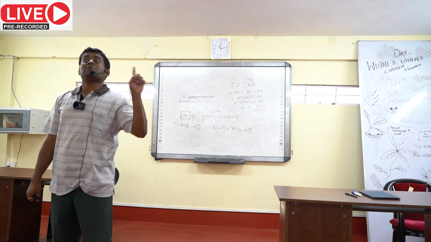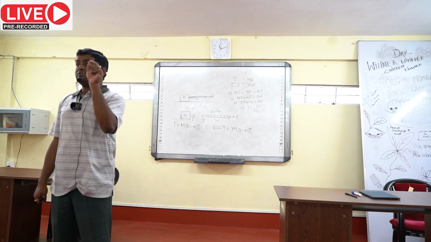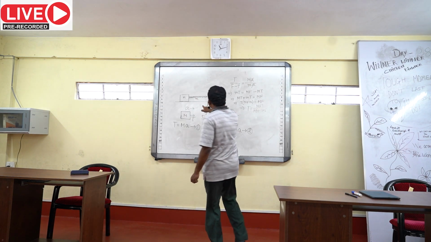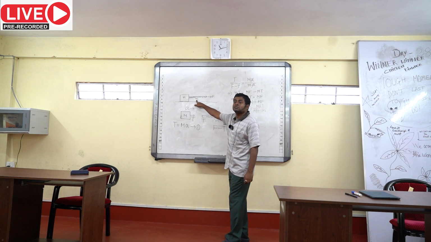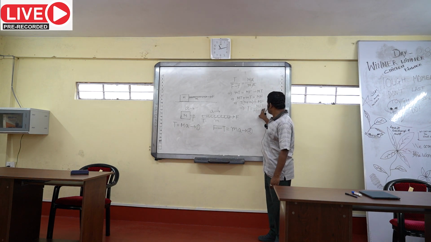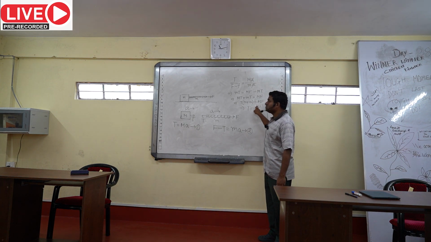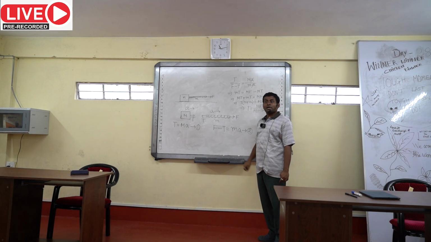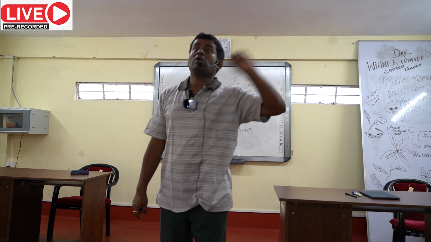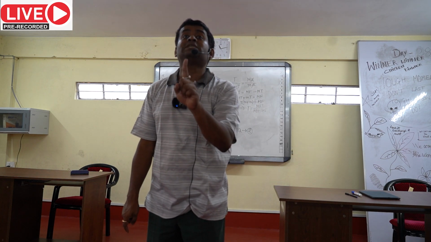Now, if the string is massless, as in the pulley problems you face, what will happen? In place of small m, you have to put 0. And if you put 0, then this term will be 0, and T should be equal to F. So that's why for a massless string, throughout the string, we draw the same tension.